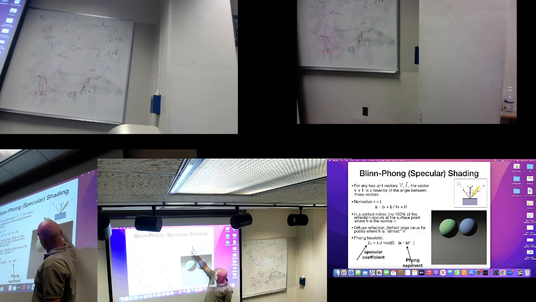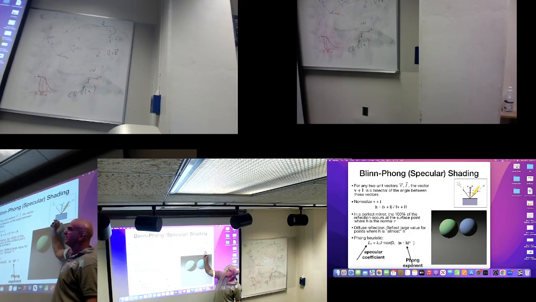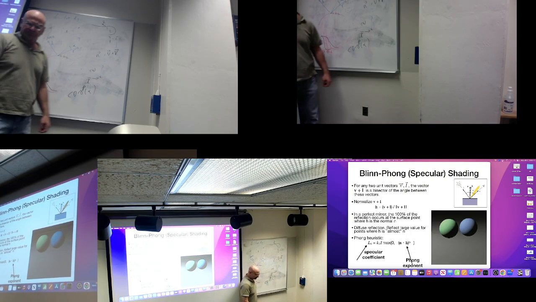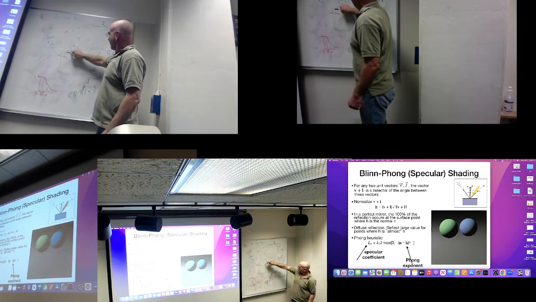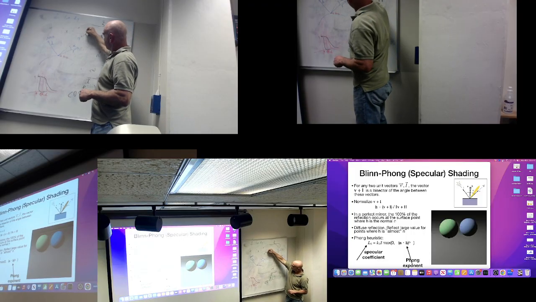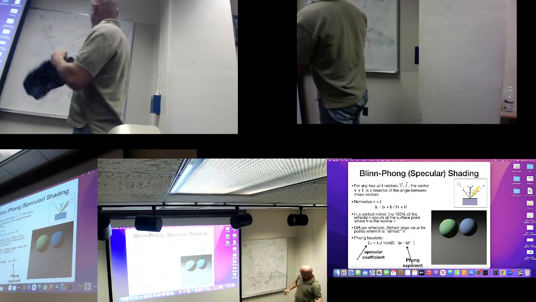And what is the direction of H with a perfect reflection? Here I have R, the reflection, and the direction to the viewer a bit separated, but let's assume that alpha is 0.